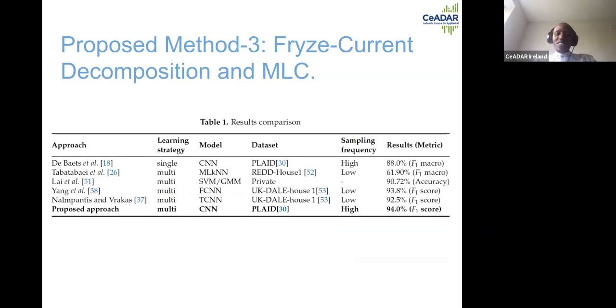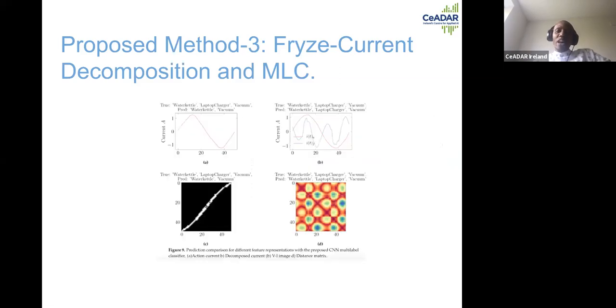So we tested this approach and compared it to other different state-of-the-art approaches. We found that the presented approach offers good performance compared to other approaches, and gives us a high performance score. This is an example visualization of the prediction. For example, the truth is that there are 3 appliances running at this time, and you want to detect all these appliances.